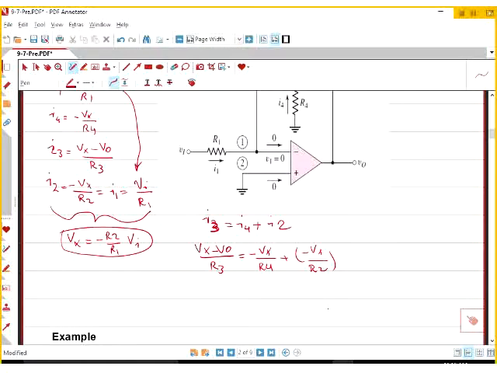Summarize it, and replace the Vx by this one. This is the result. The result is AV, which is VO over VI, equals minus R2 over R1 times 1 plus R3 over R4 over R2. That's your gain equation.